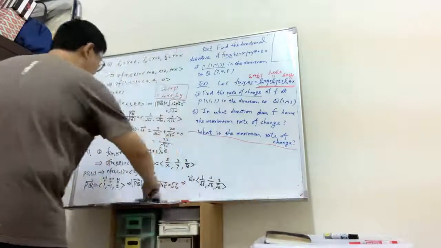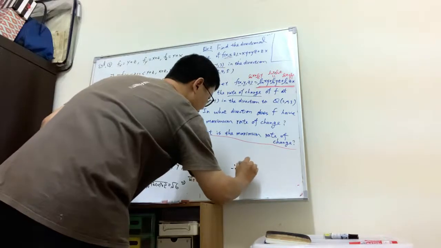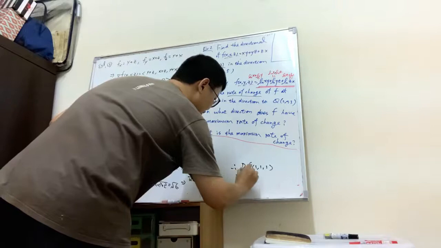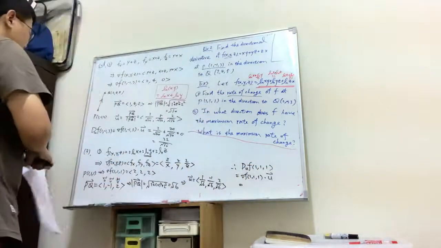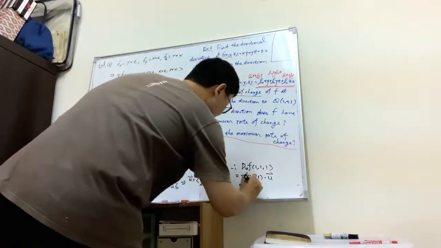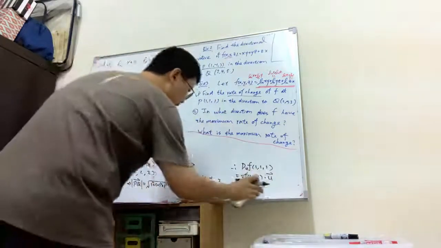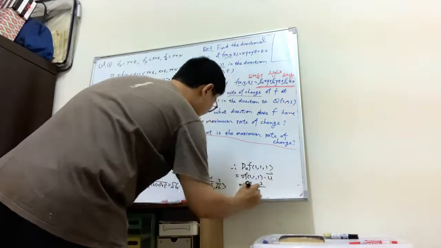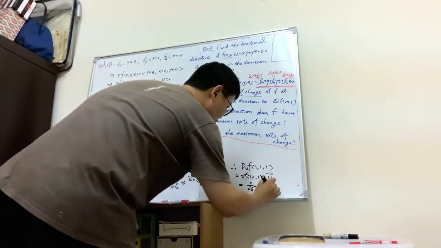And the final step is the directional derivative at this point (1,1,1). Exactly, it is the inner product of the gradient and the unit vector. So the inner product is 2 over square root of 6, plus 2 times negative 1, so it becomes a subtraction: 2 over square root of 6 plus 2 times 2 is 4, so 4 over square root of 6.